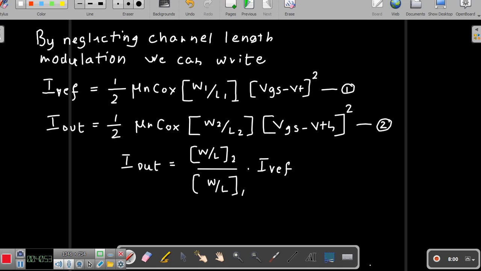Any application would want the output current to be constant regardless of the external conditions as well as the load conditions. Whenever you have this circuit for biasing the transistors also, you will be biasing the transistor with a constant current source, right?